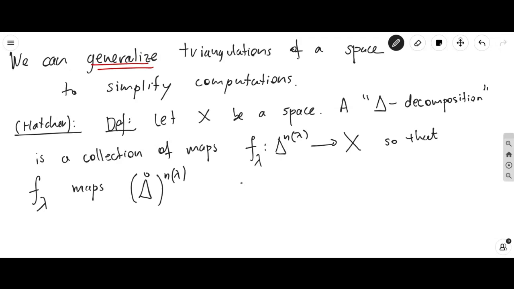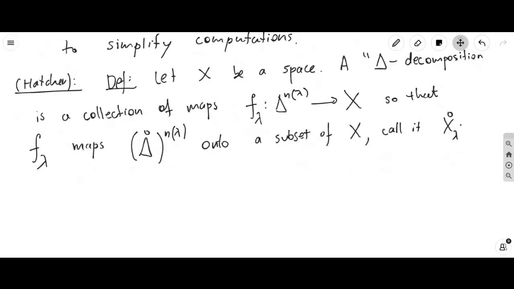It maps the interior of your simplex onto a subset of X. Let's call it X lambda with a little interior symbol on top of it.